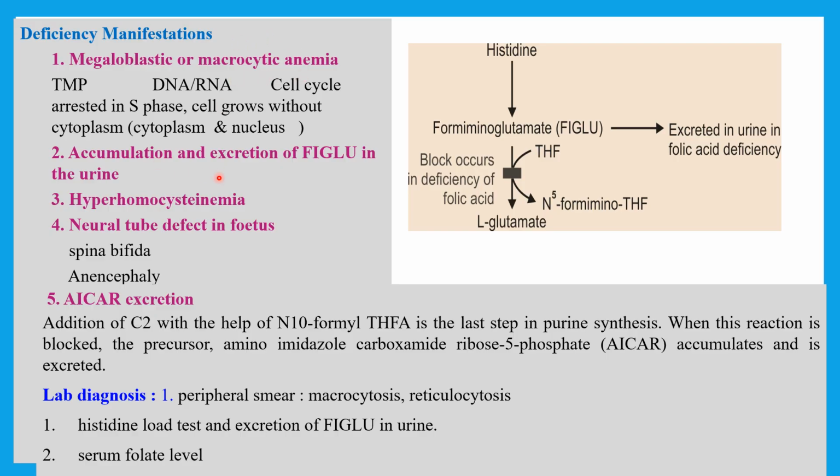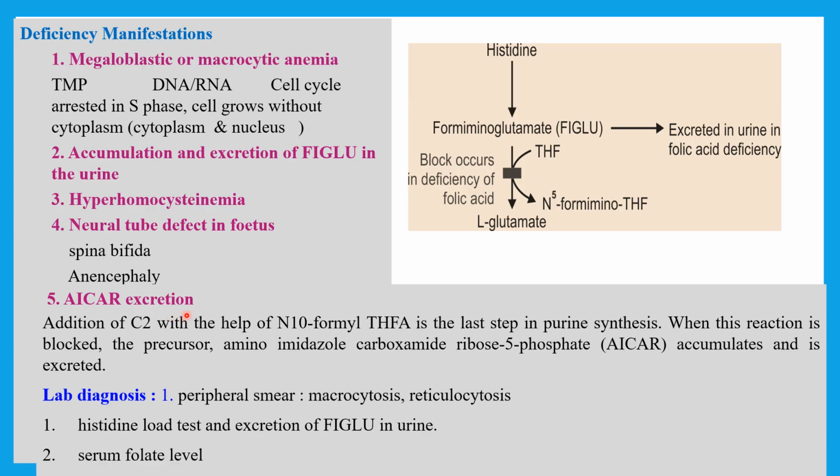Accumulation and excretion of FIGLU in the urine occurs, which is an intermediate of histidine metabolism. FIGLU is not able to be converted to glutamic acid. It is trapped in this form and is excreted in the urine. Then hyperhomocysteinemia is there. Then neural tube defect in the fetus in the form of spina bifida and anencephaly.